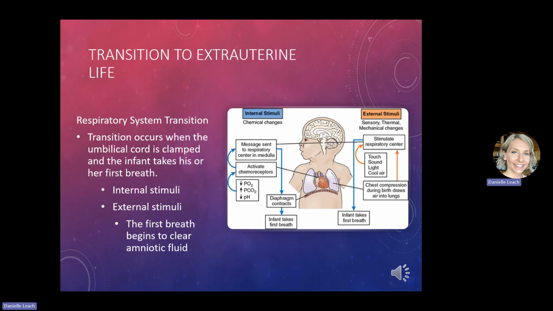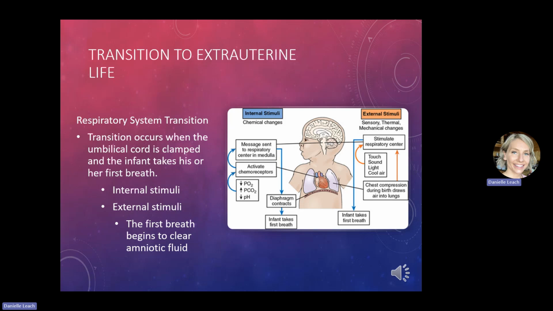When the umbilical cord is clamped and when a couple of other things happen as well, we get a lot of stimuli from both internal and external things that are going to cause the baby to take its first breath. So some of the internal stimuli happen when the umbilical cord is clamped.